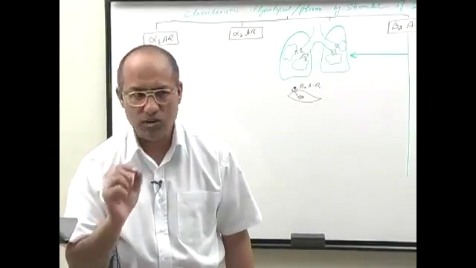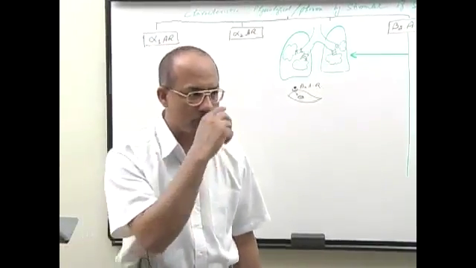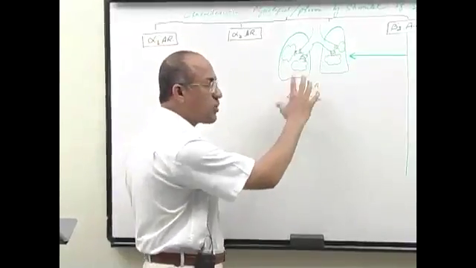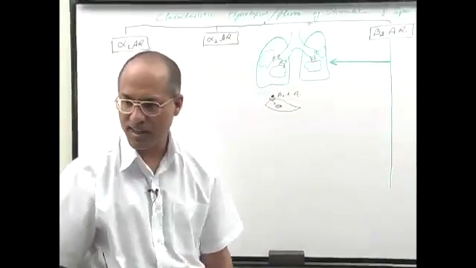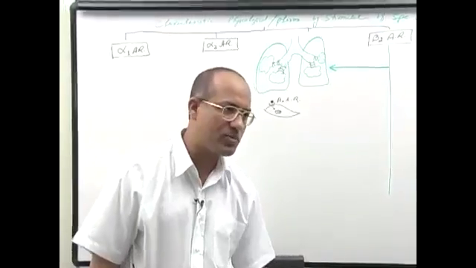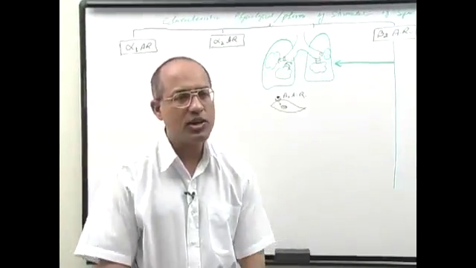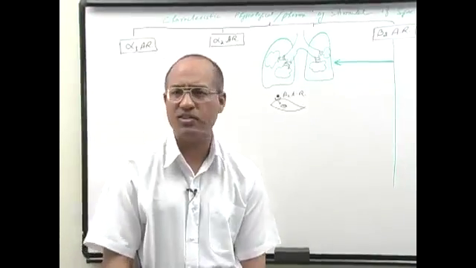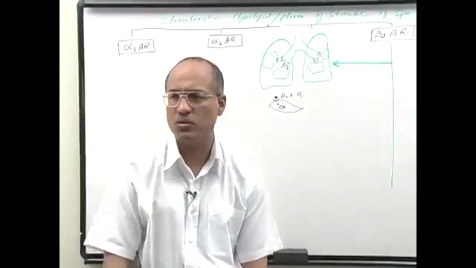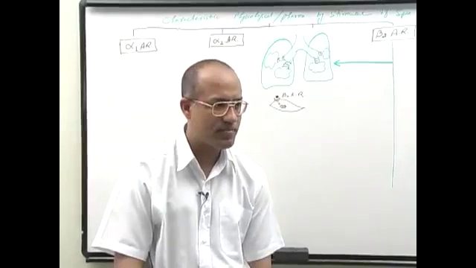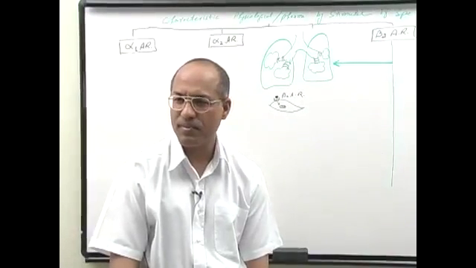These are beta 2 stimulant drugs, and beta 2 stimulant drugs can lead to bronchodilation. Am I clear? So this is one action of beta 2 stimulation on the bronchial smooth muscle. Do you think in the bronchial tree or in the lungs there is any other action of beta 2 stimulation? I will be impressed again.